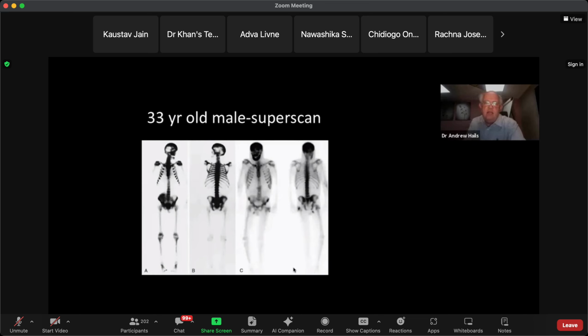Okay, and this, we had super scans due to metastatic bone disease. You can also get super scans due to metabolic bone disease, and that also includes renal osteodystrophy.